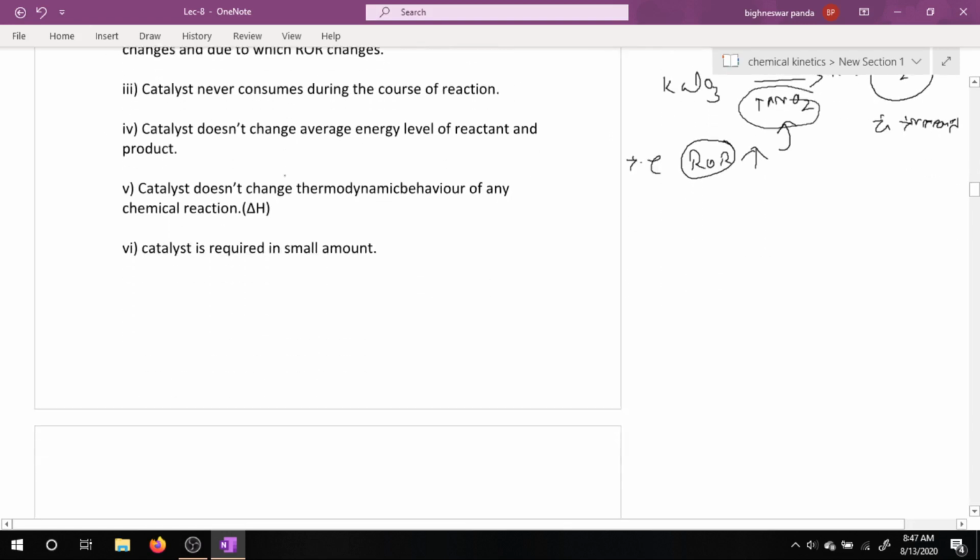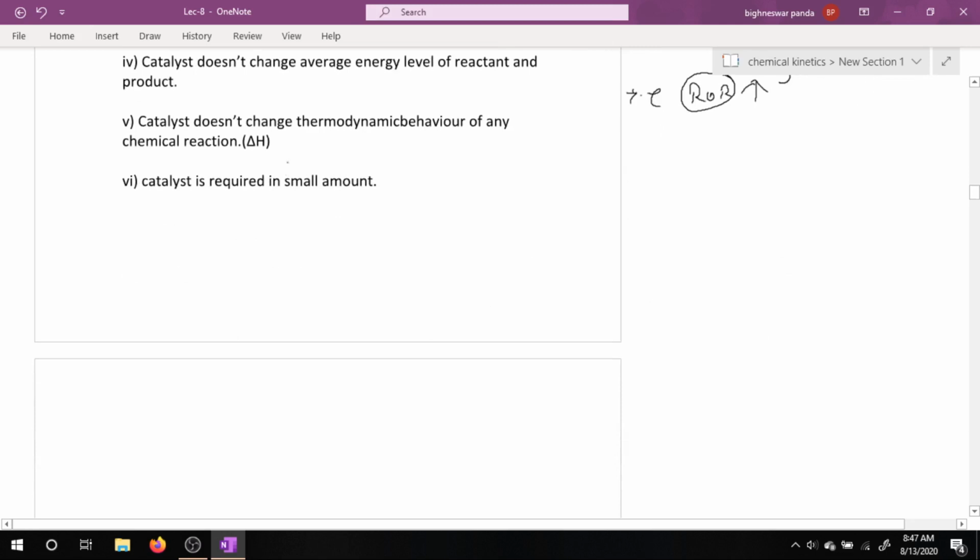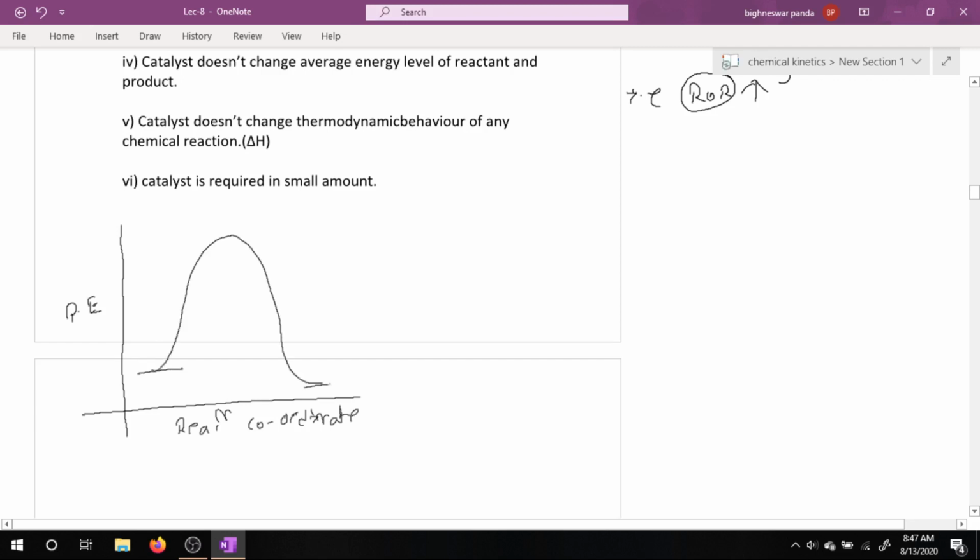Let us consider a graph between potential energy and reaction coordinate. We have already studied this type of graph. This is the reactant and this is the product.